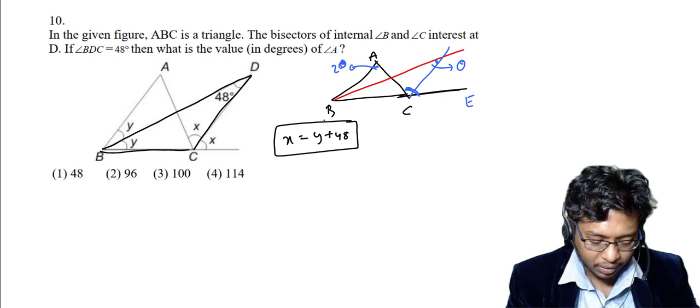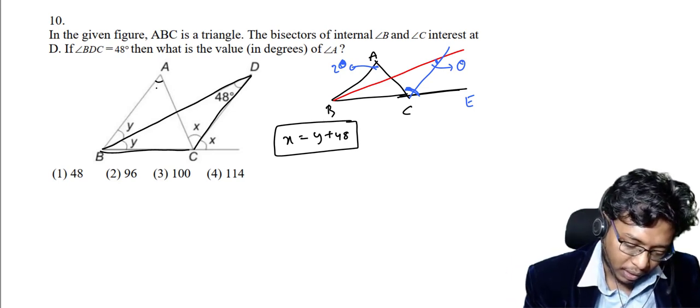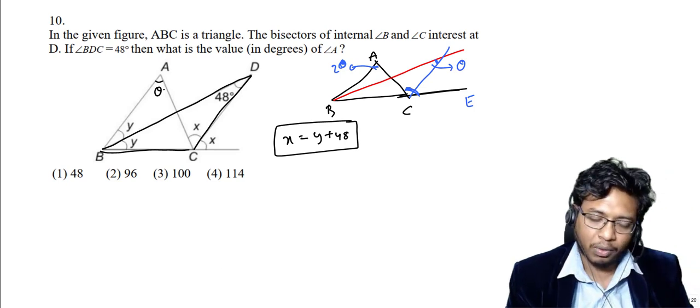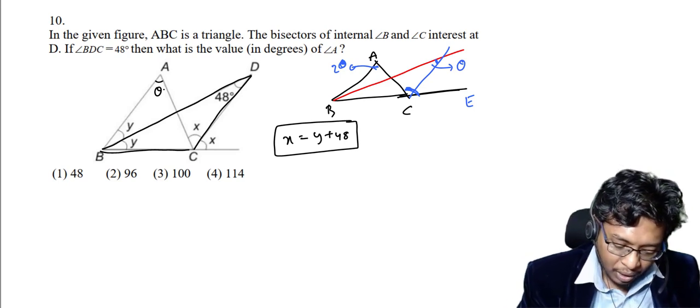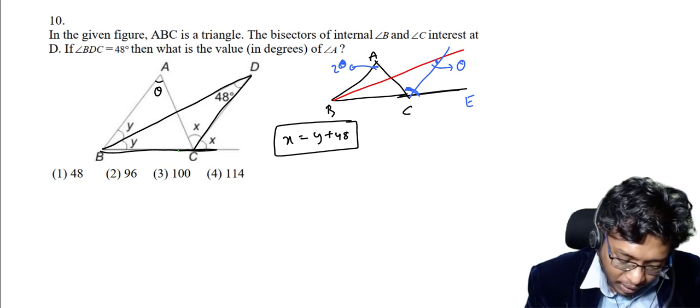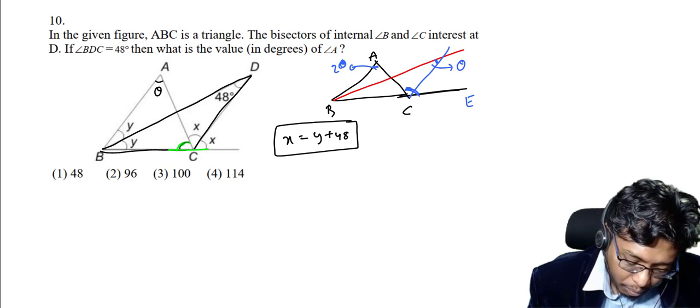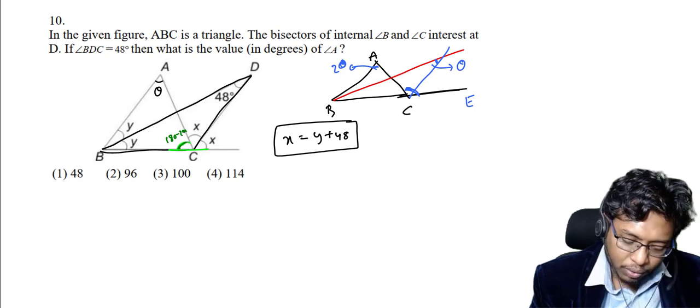Now let this be theta. This is what we want, theta. Now if you see this angle, this is a straight angle. So here this angle should be 180. That means this will be how much? 180 minus 2x, correct? This total is 2x.